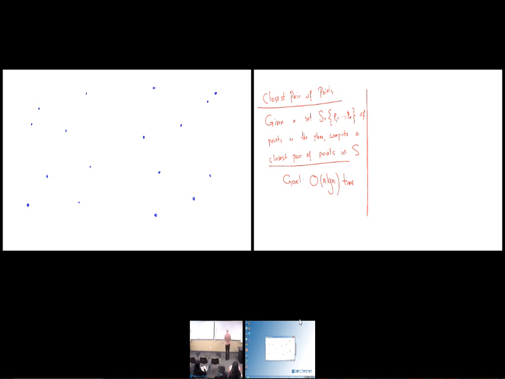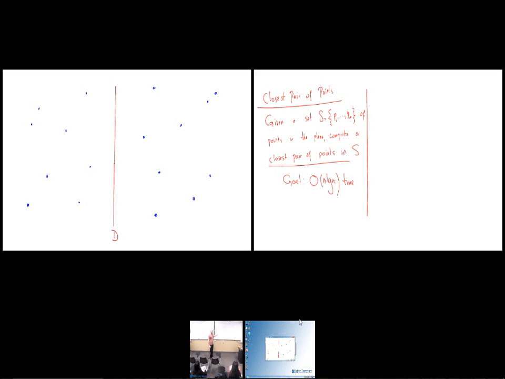Again, this is not going to be the line that we compute in the algorithm, but for simplicity, let's draw the line here. Let's call this vertical line D. And this line would split the set into two roughly equal subsets, up to maybe 1 point difference. And now this is the divide.